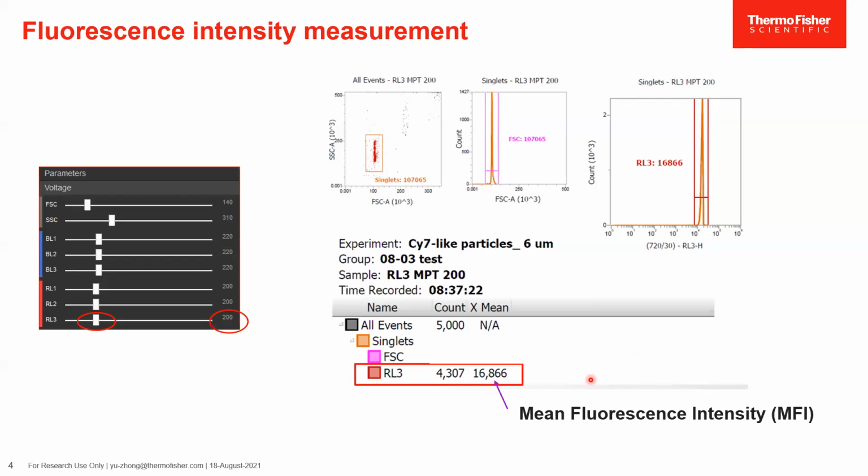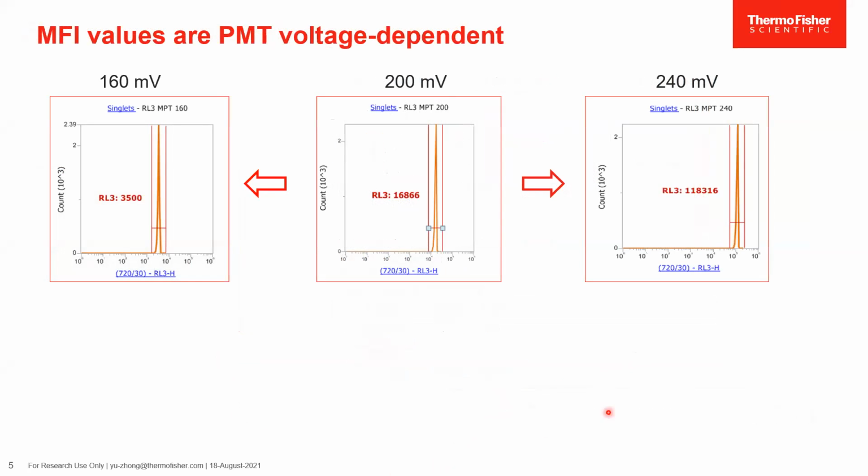So is this value also changed if I increase the PMT voltage to 240 millivolts? It increases about 5 times, or if I decrease the voltage to 160 millivolts, it also decreases.